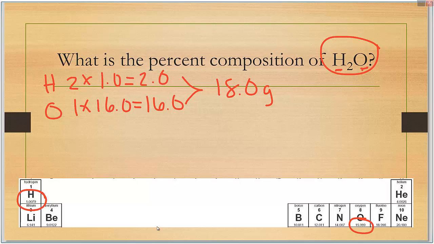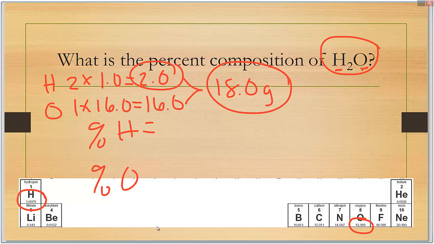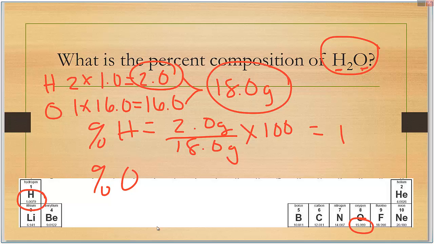So we want to know what the percentage of hydrogen's in there and the percentage of oxygen. So out of all of this, 2 grams of it is hydrogen. So we're going to take 2 for the hydrogen divided by the total times 100. That comes out to be 11% hydrogen.